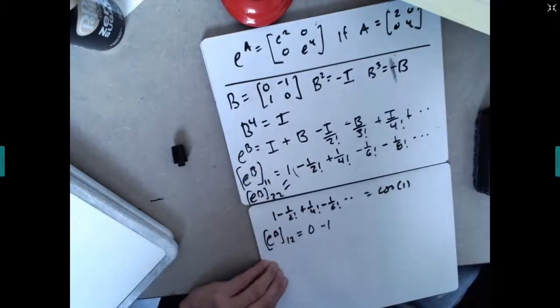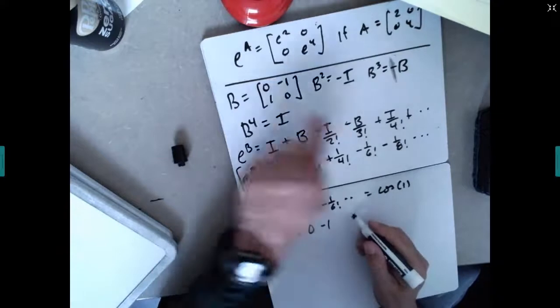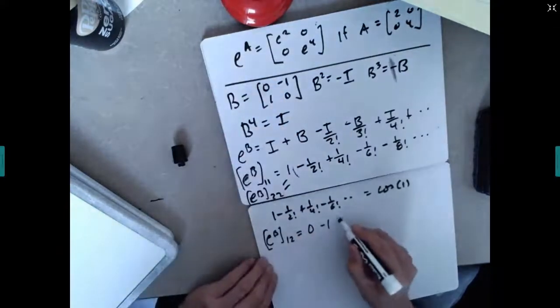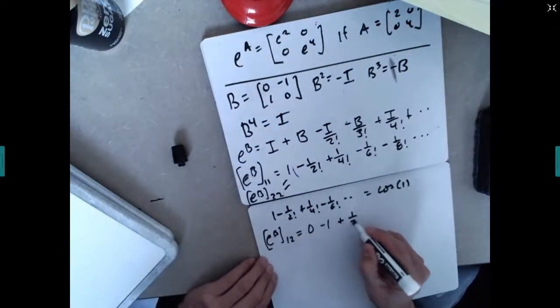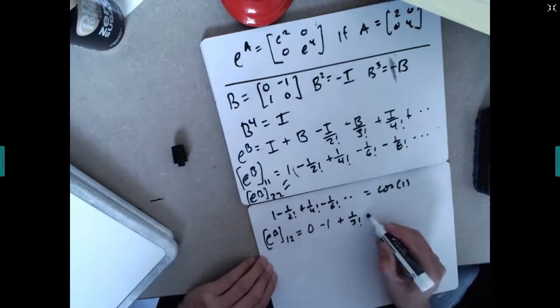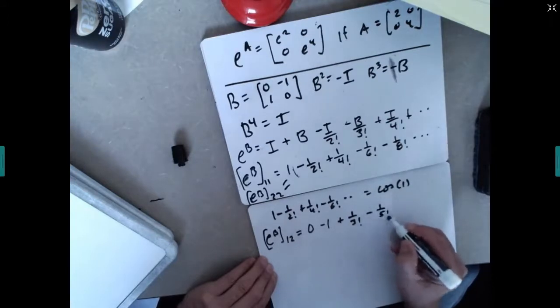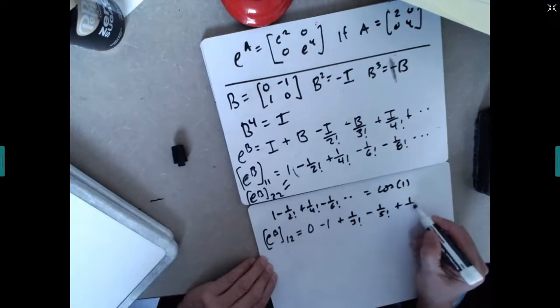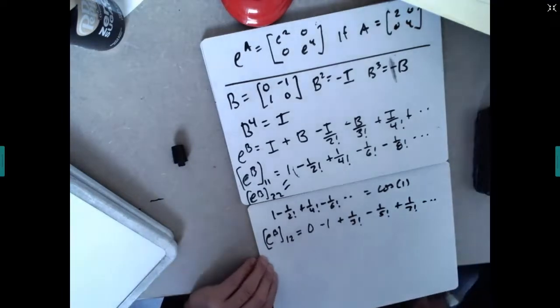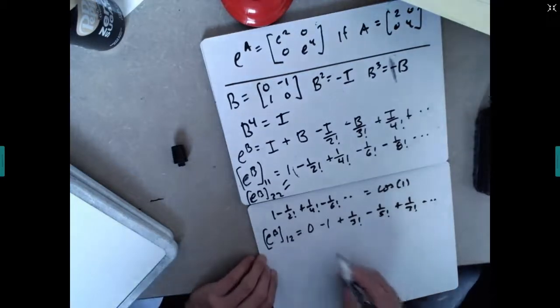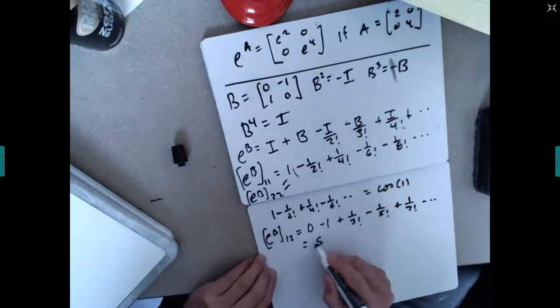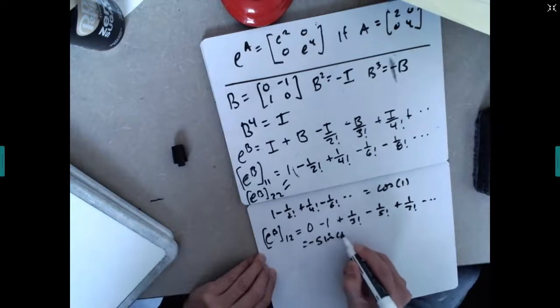Then negative B gives a positive 1, so it's going to be plus 1 over 3 factorial minus 1 over 5 factorial plus 1 over 7 factorial. And we know what that is, right? That's going to be negative sine of 1.